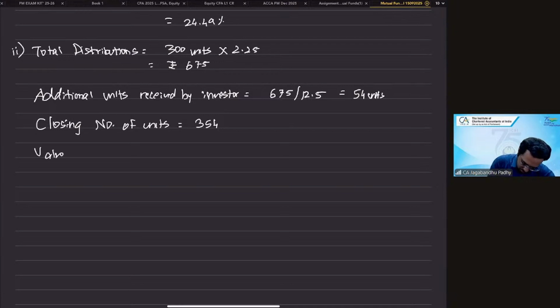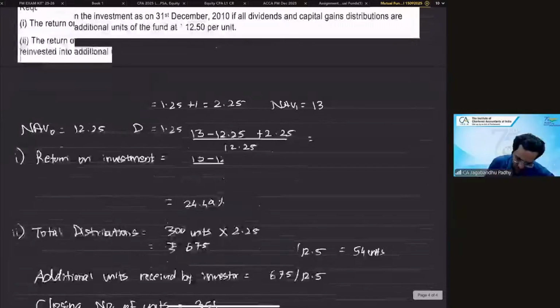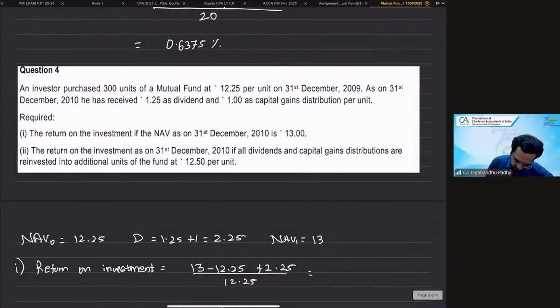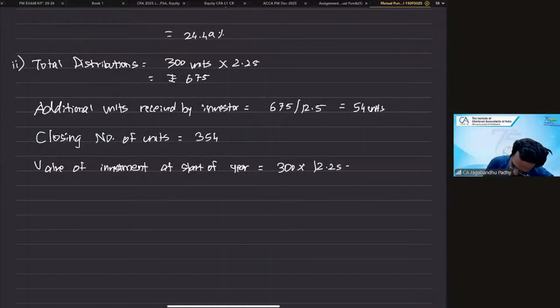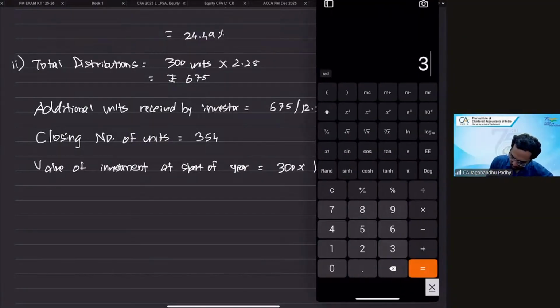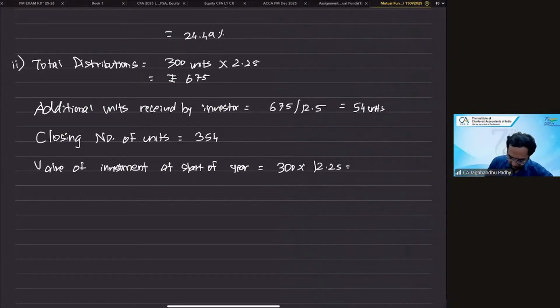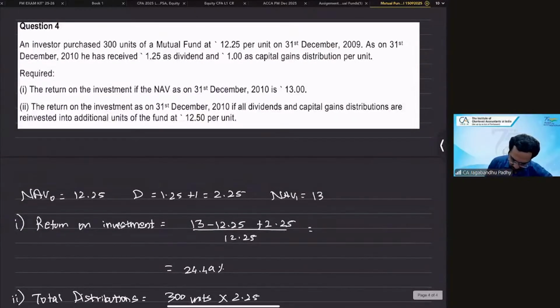So what is the value of investment at the start of year? It is 300 into 12.25, which is 3,675, right?